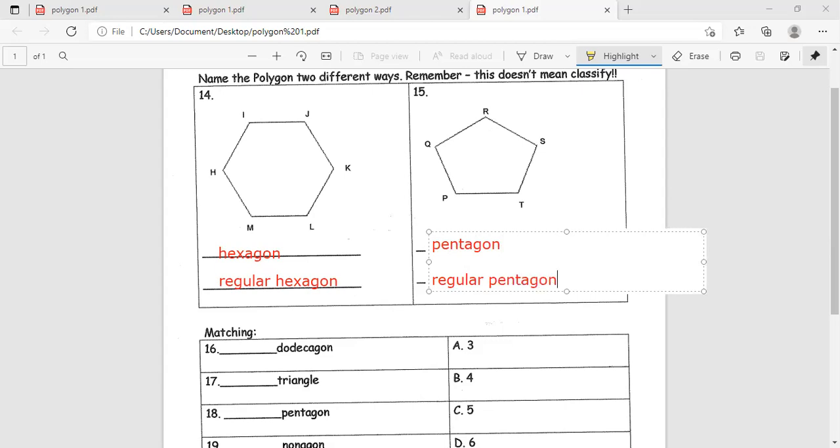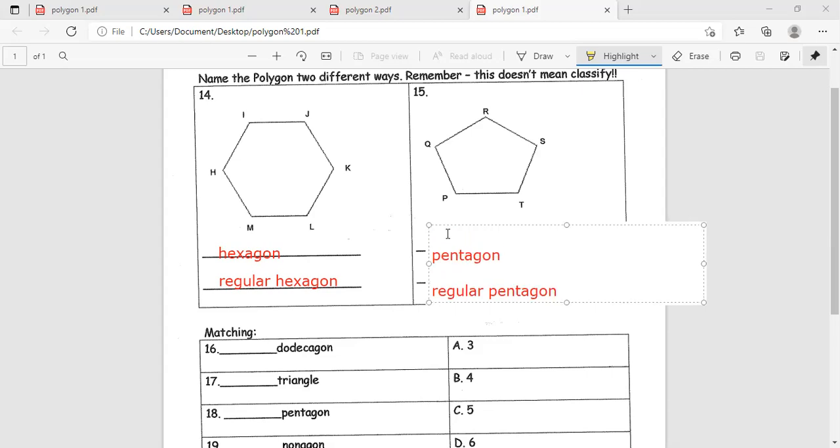And both of them are regular polygons, right? So to describe it in different ways, we can say that this one is a polygon, and we can call it a pentagon, and a regular pentagon. And the first one too is a polygon and a hexagon, and we can call it a regular hexagon.